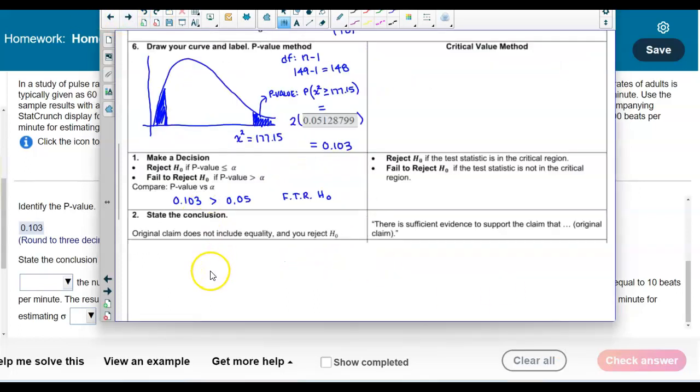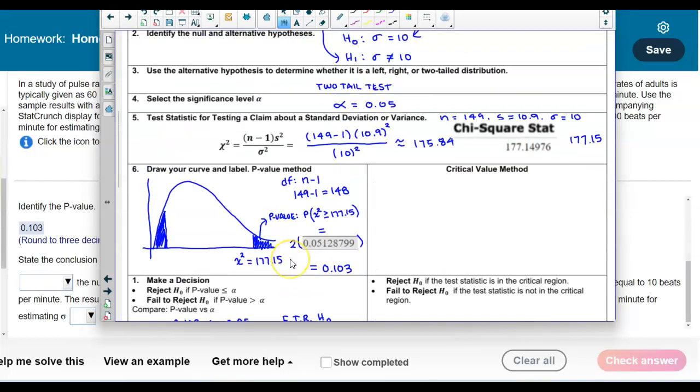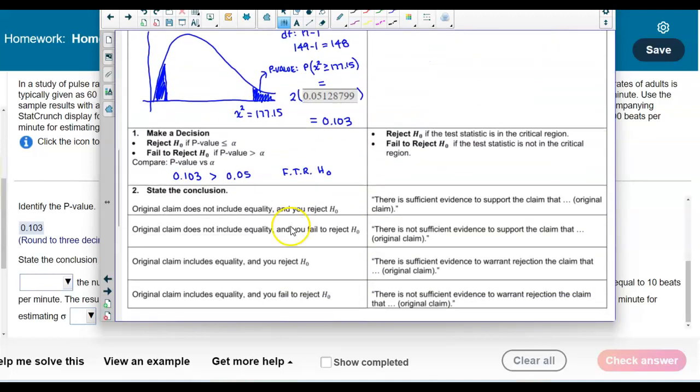Okay, now we're going to state our conclusion. In order for us to state the conclusion, we're going to come back up here and look at the original claim. The original claim includes the equality. So the first 2 parts of the conclusion say it does not include equality, so we can cross out those. And since the original claim includes equality and we failed to reject the null, we're also not going to use that one, so we're going to use this one here.